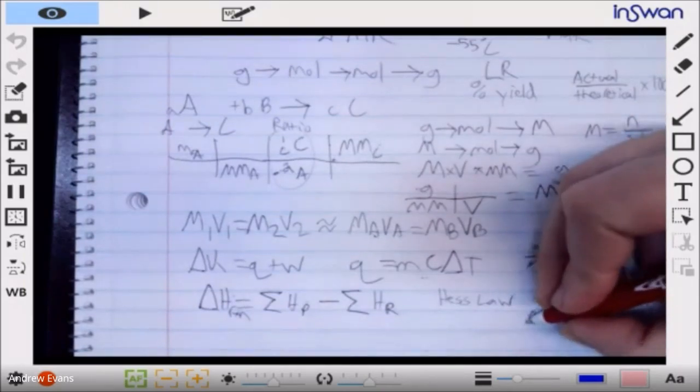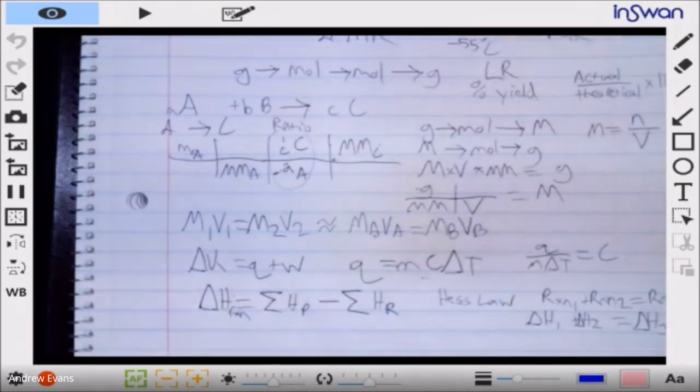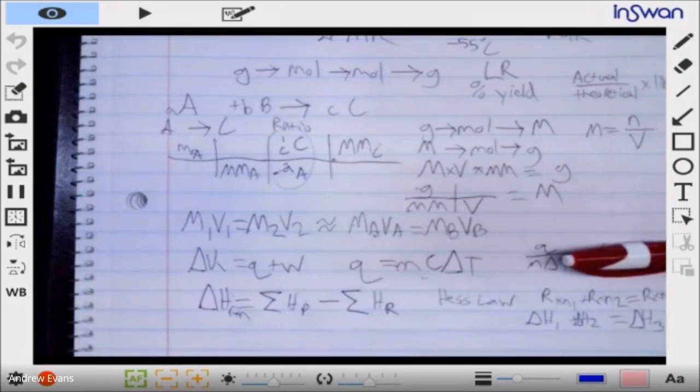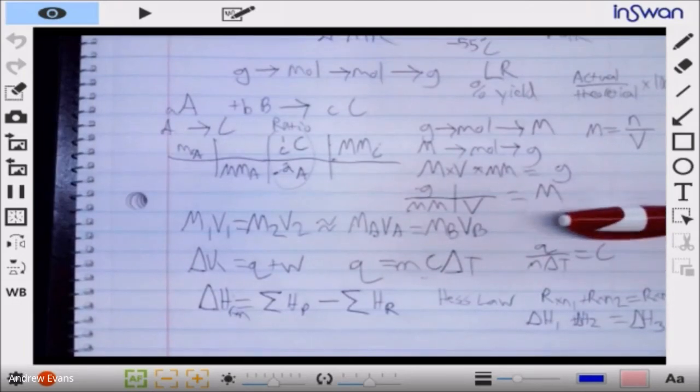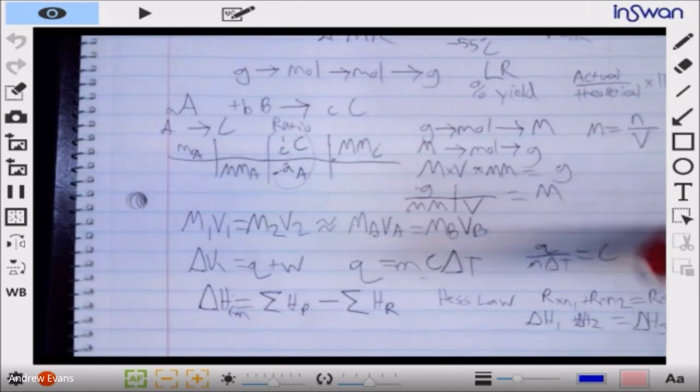By adding reactions together, I can get a new reaction. The enthalpy of the new reaction would be equal to the sum of the previous enthalpies. So if I had to double reaction 1, I would have to double its enthalpy. If I had to flip around reaction 1, so I subtracted reaction 1, I would have to subtract its enthalpy.